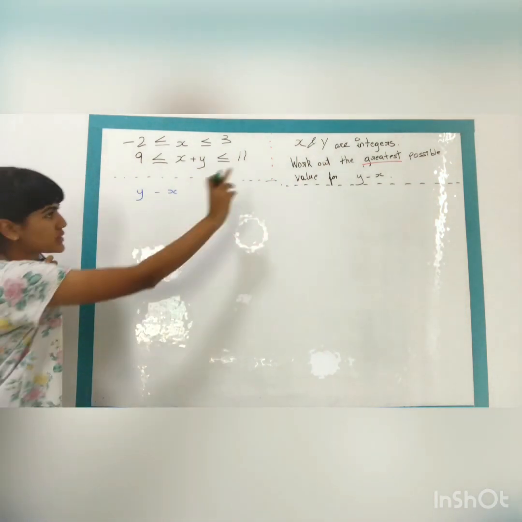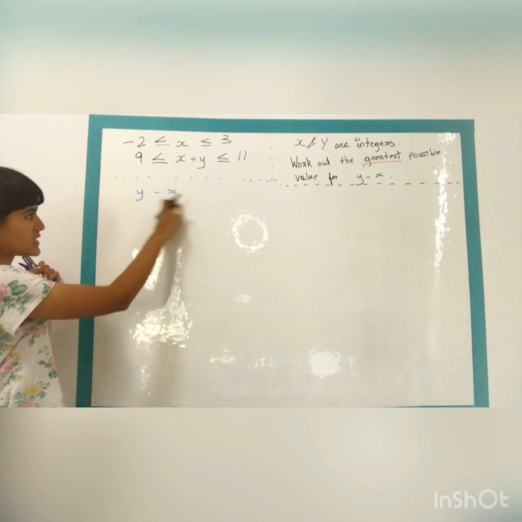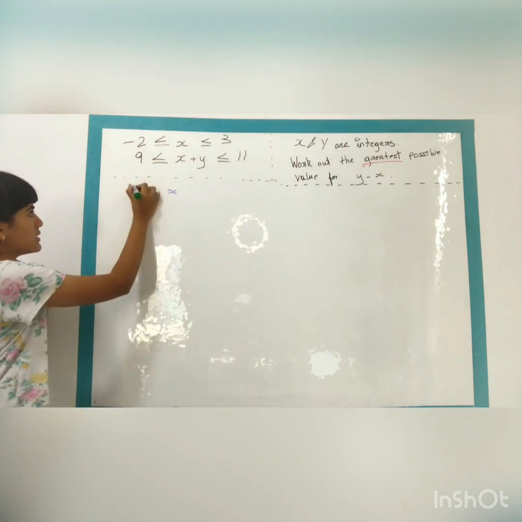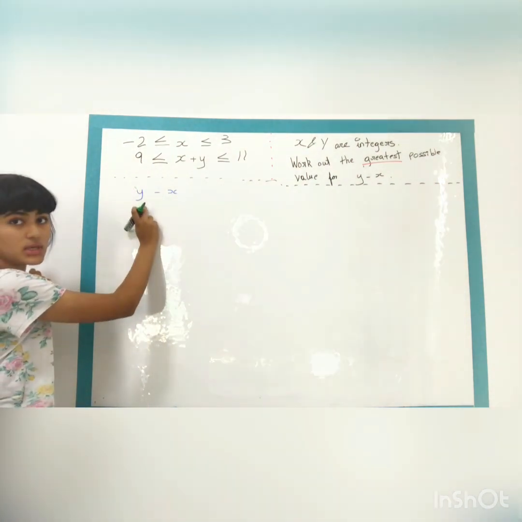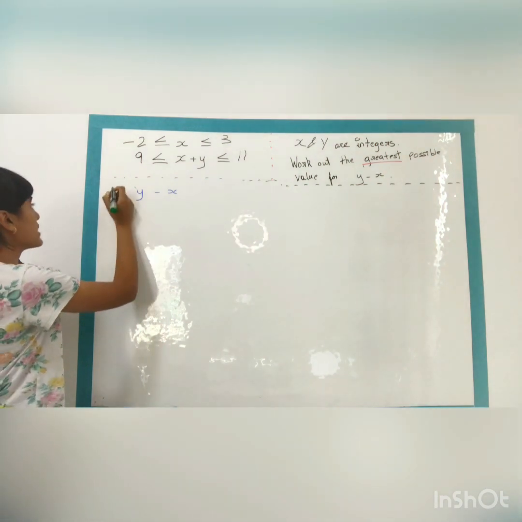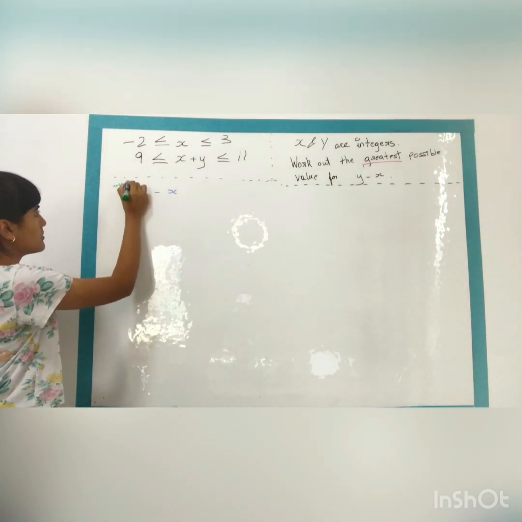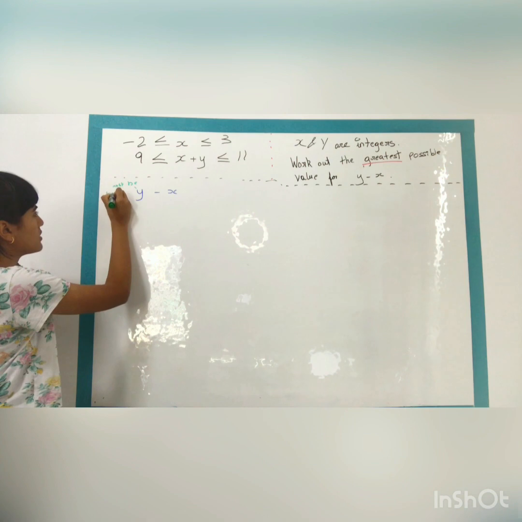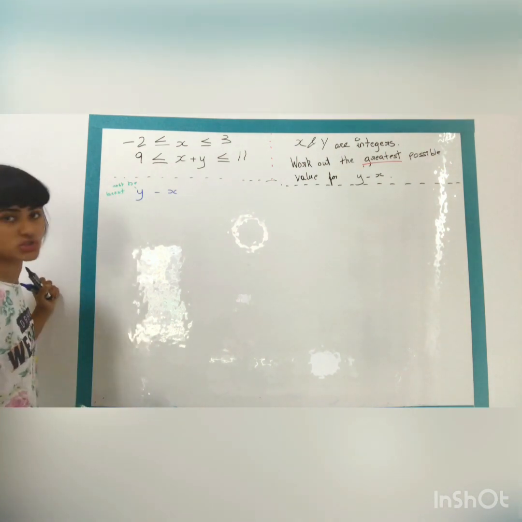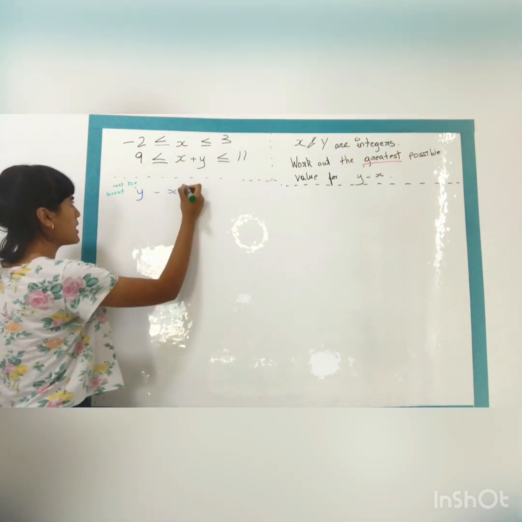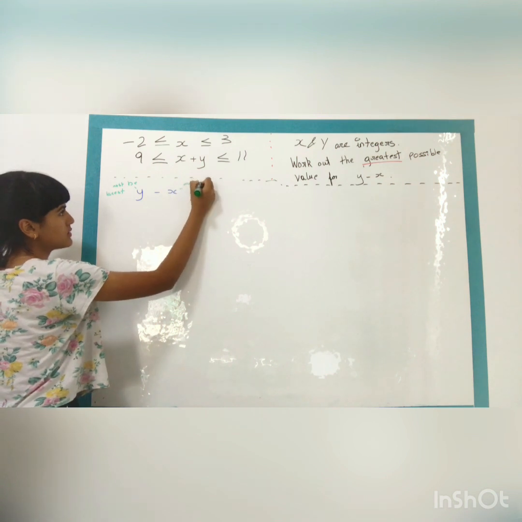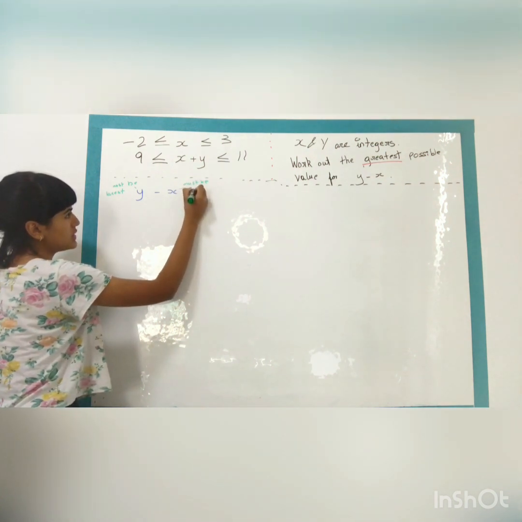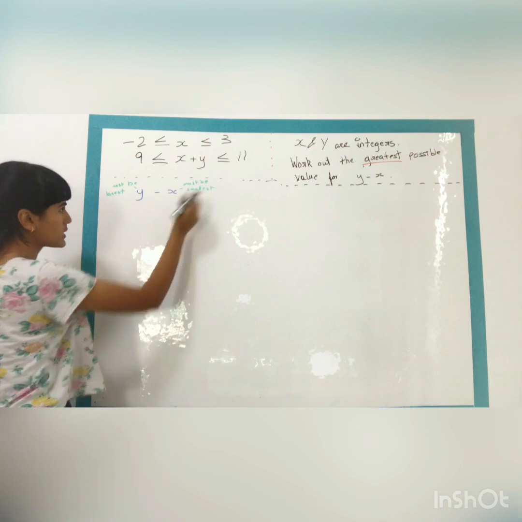If we want the greatest possible value for this expression, the integer substituted for y must be the largest possible value, and x must be the smallest.